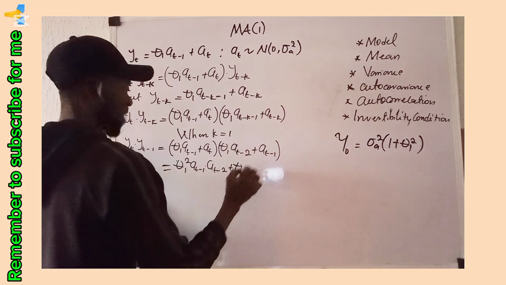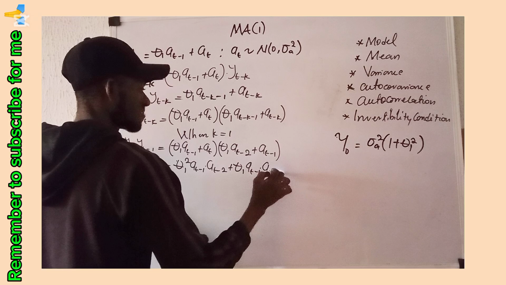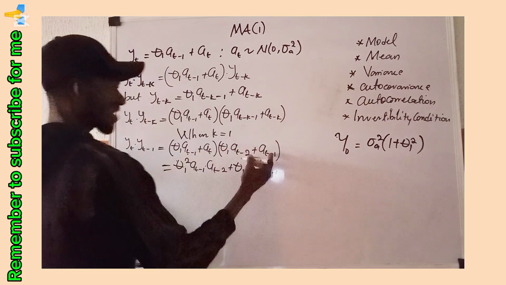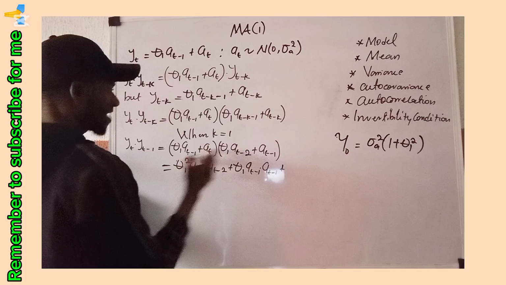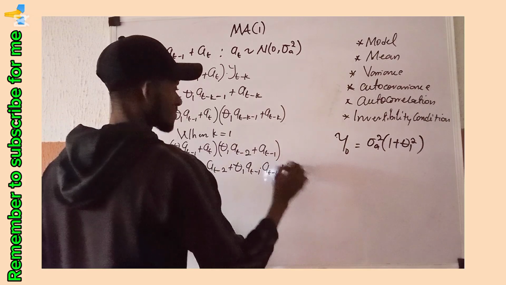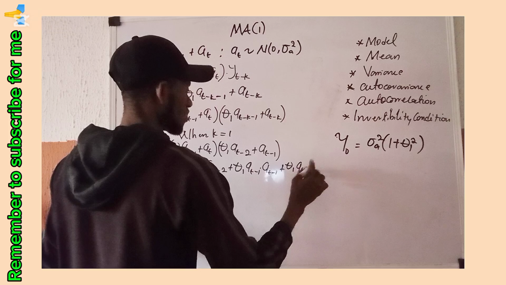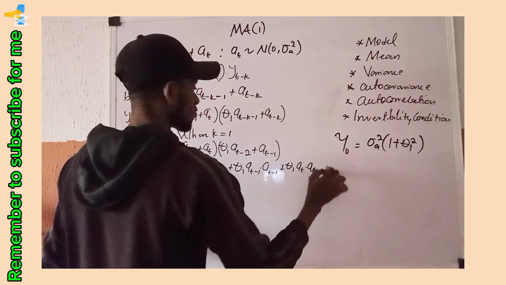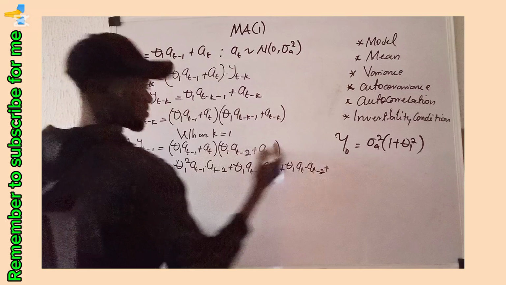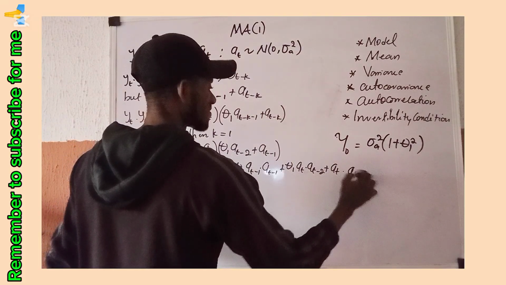We have theta 1, A of t minus 1 multiplied by A of t minus 1. This has now gone into this. It becomes this one. So we have plus. When this one goes over to this, we have theta 1, A of t multiplied by A of t minus 2, plus. This will now go into this, which is A of t multiplied by A of t minus 1.